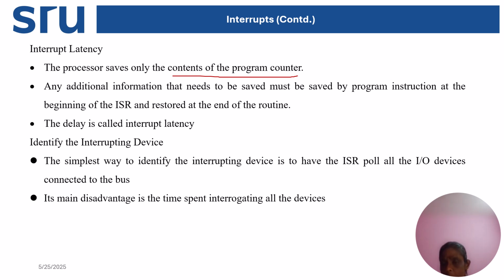The program counter content is necessary for continuing the execution in the main program, and any additional information that needs to be saved, as I told you in the previous slide, has to be saved, and when it is coming back, it has to restore the saved program.